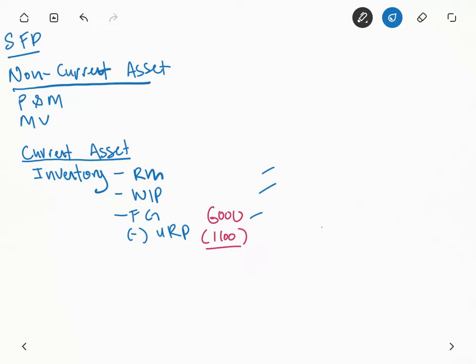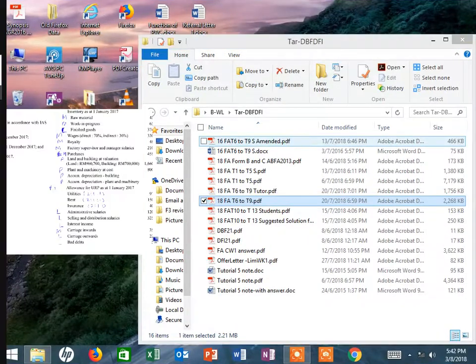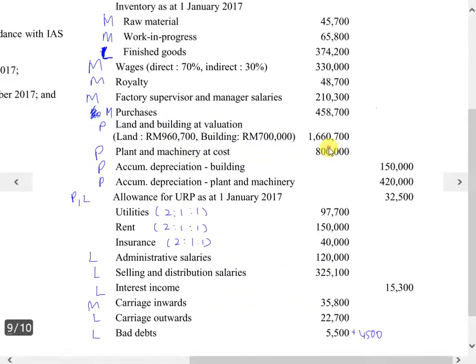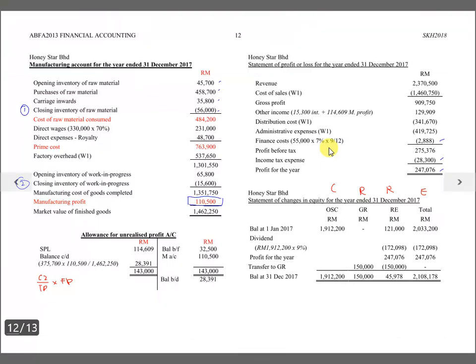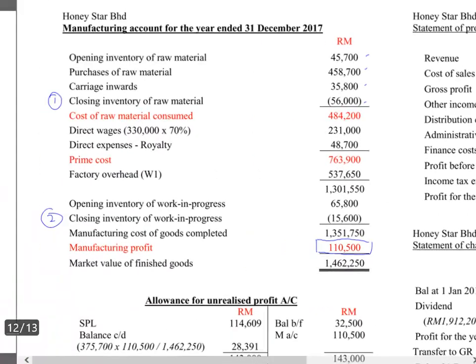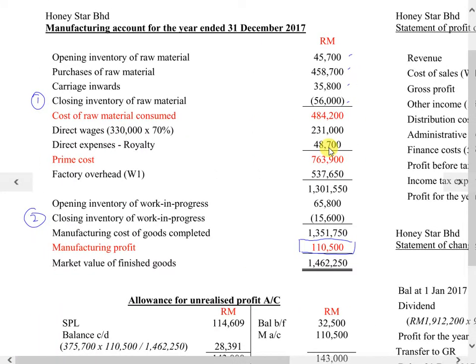So I'll show you the answer for this question first, explain later. For this particular question, you are asked to prepare the manufacturing account, calculate all the way to here, and you'll be given the transfer price, note 2. You are asked to find the missing figure, which is your manufacturing account, manufacturing profit, factory profit.